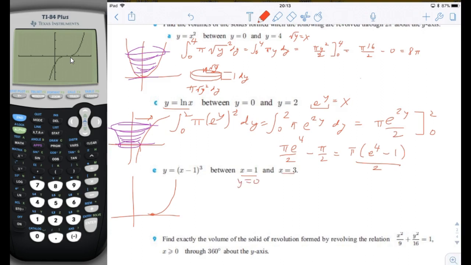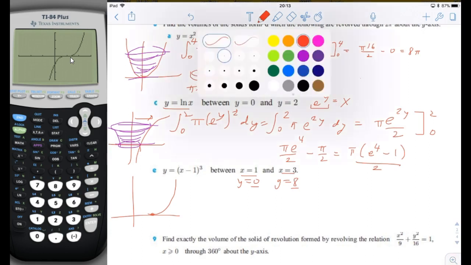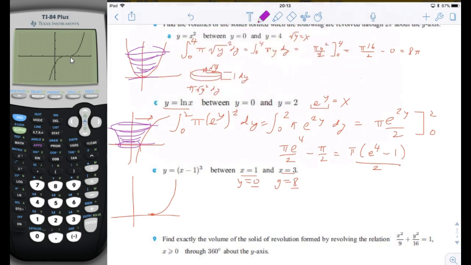And then you put x equals 3 in and see what y coordinate corresponds to that, which would be 3 minus 1, which is 2. 2 cubed is 8. And then you're going to use 0 and 8 for your limits of integration. That was not obvious to me, so I thought that was pretty weird.